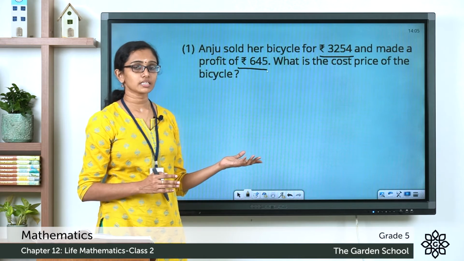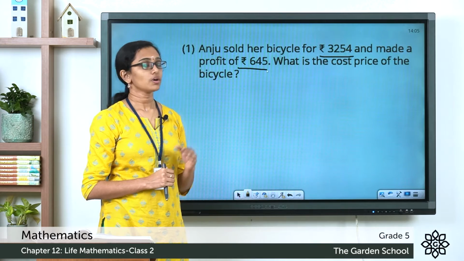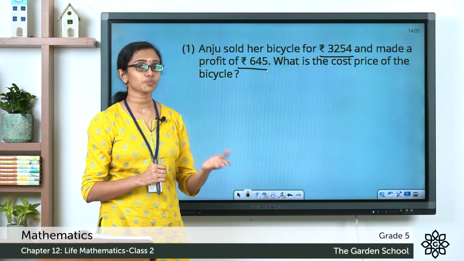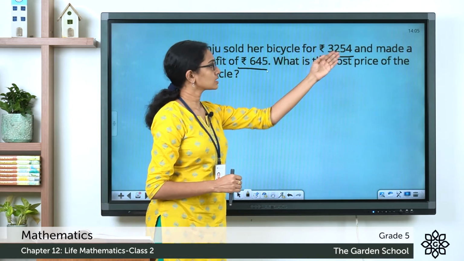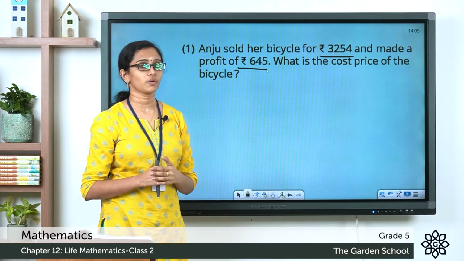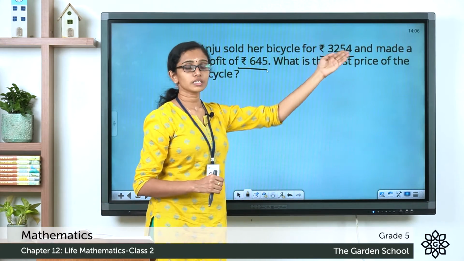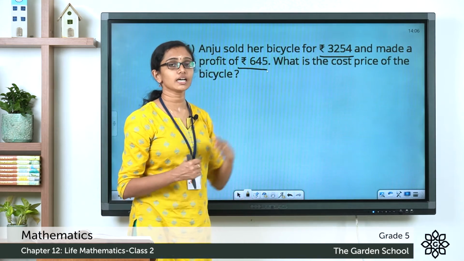So the selling price here should be more than the cost price. So how do we find out the cost price? Since the selling price is more than the cost price, the cost price should be a value less than this 3,254, right? So you have to subtract the profit from this selling price to get a value which is lower than this, which is the cost price.